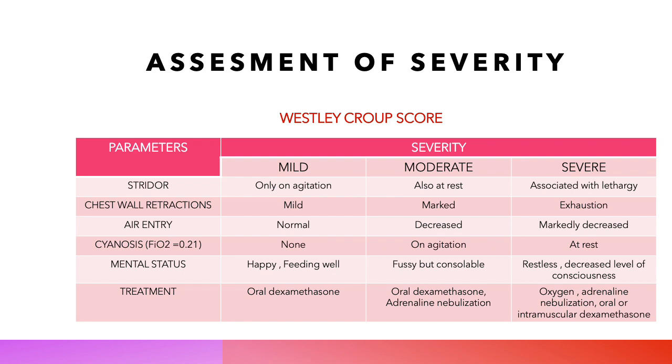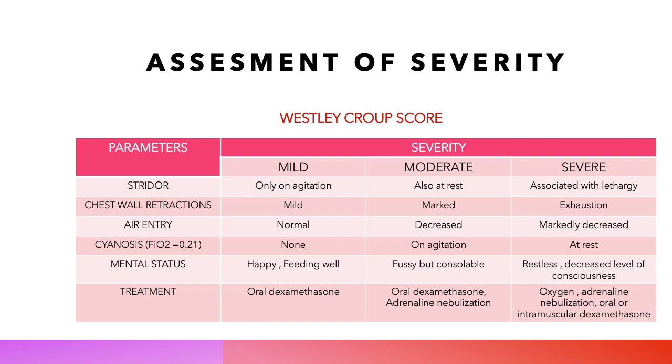There is no cyanosis at room air. Mental state of the child is normal. Child is happy and is accepting feeds well. So, if these parameters are present, we classify the croup as mild croup, and such cases can be managed in the emergency room on an outpatient basis.